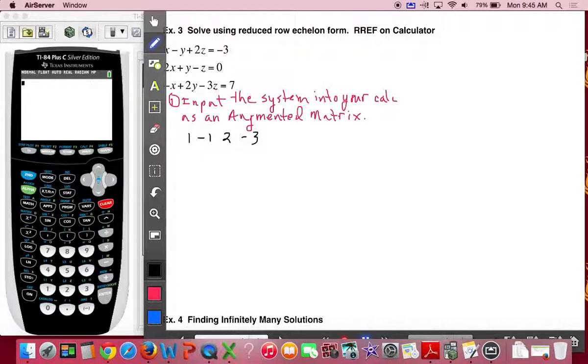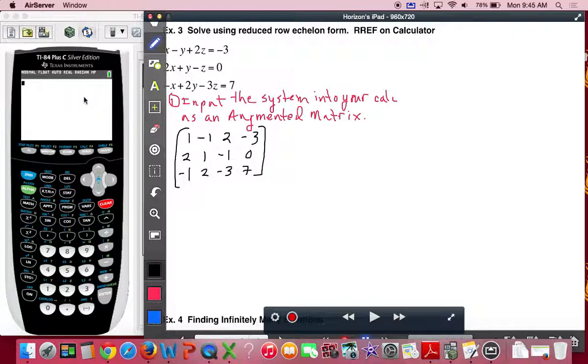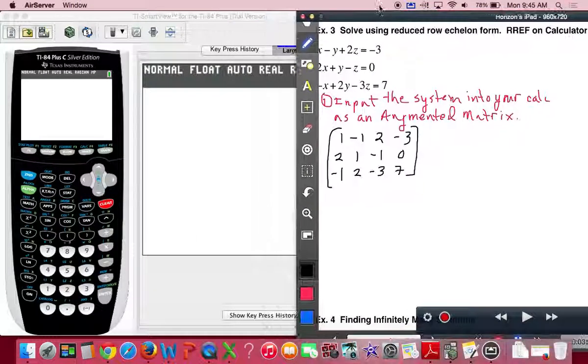Your second equation is 2, 1, -1, 0. And your third equation is -1, 2, -3, and 7. So we're going to input that exact matrix into our calculator over here. I'm going to move this over so we can see it.